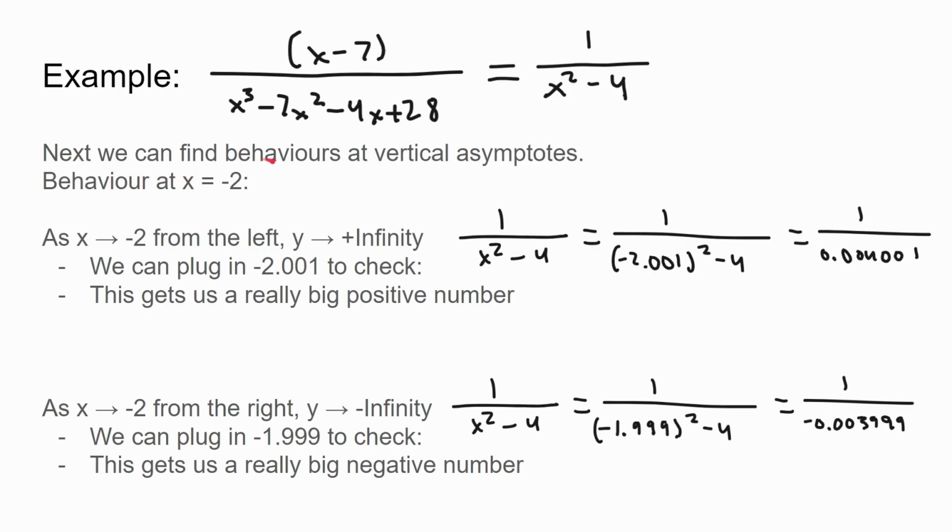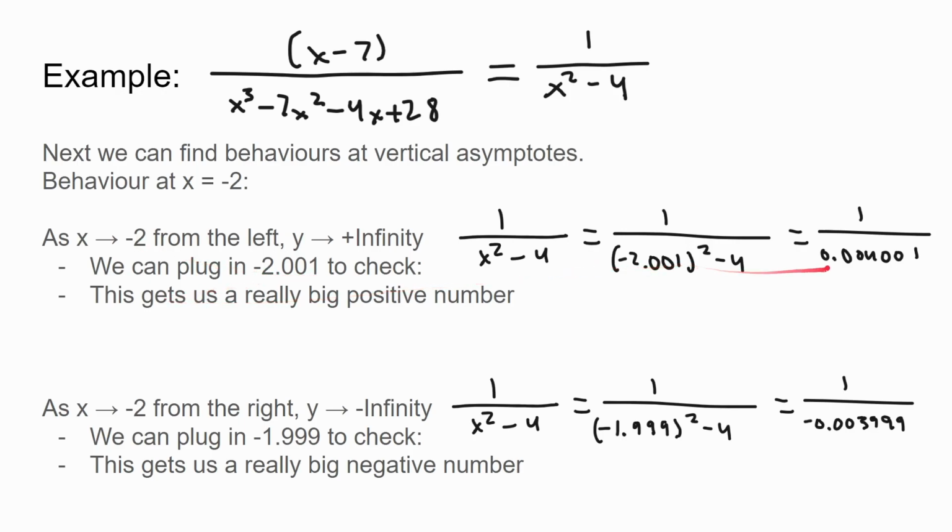Next, we can find behaviors at the vertical asymptotes. So first we'll look at behavior at x equals negative 2, the negative 2 asymptote. As x approaches negative 2 from the left, y approaches positive infinity. And you'll notice that we always plug in numbers to check. So in this case, as it approaches from the left, we need a small number directly to the left of negative 2, which is negative 2.001.